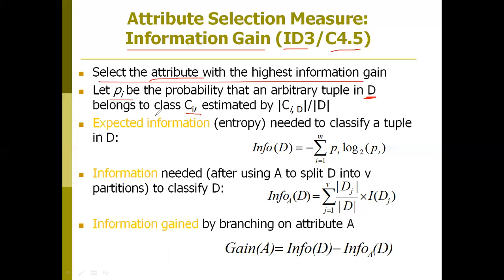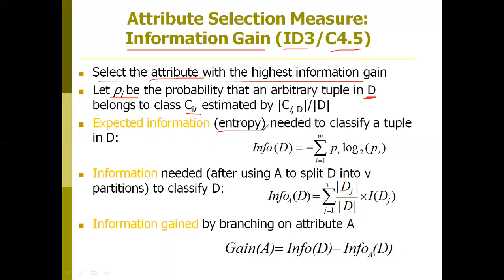Now we are going to calculate first the probability of the yes class label under the data set, and the probability of the no class label. For that, first of all, we have one equation.